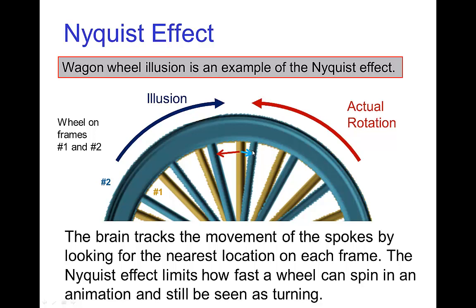The problem is that the brain misinterprets this because what it imagines is this spoke is actually this spoke over here that has turned to this position. In other words, the brain is misinterpreting which spoke it's seeing, and because it imagines that the nearest spoke on the next frame must be the one that it's seeing, it sees the wheel turning the wrong way.